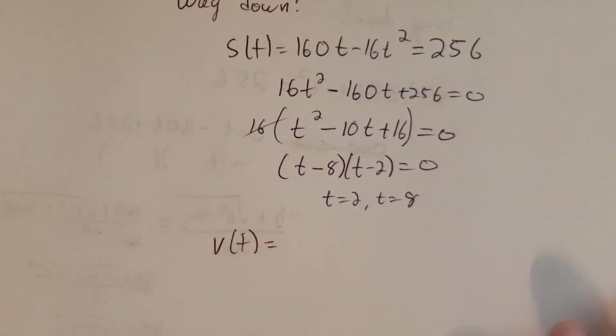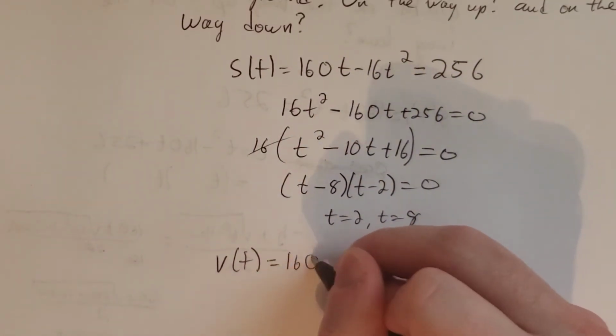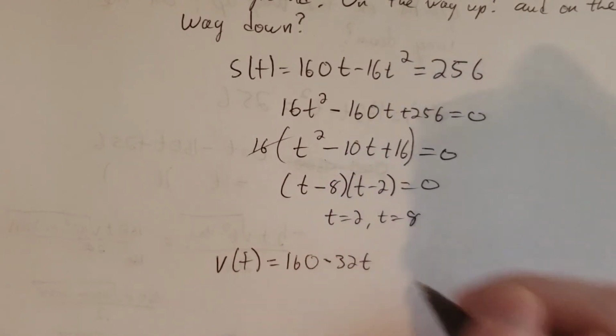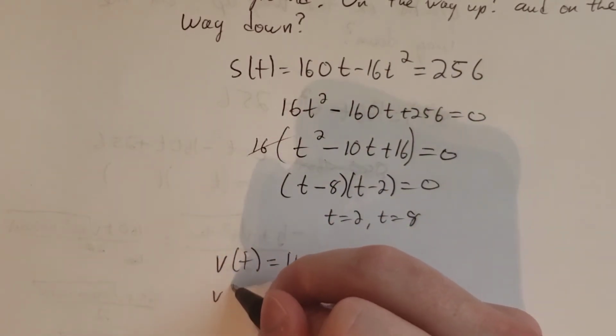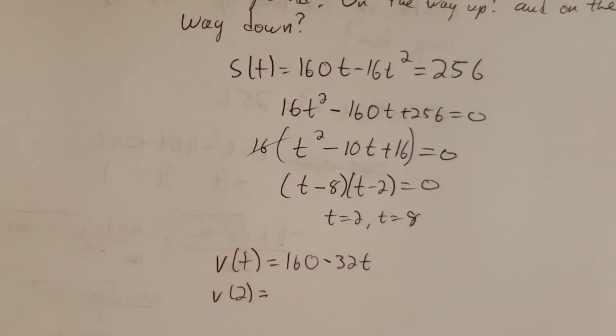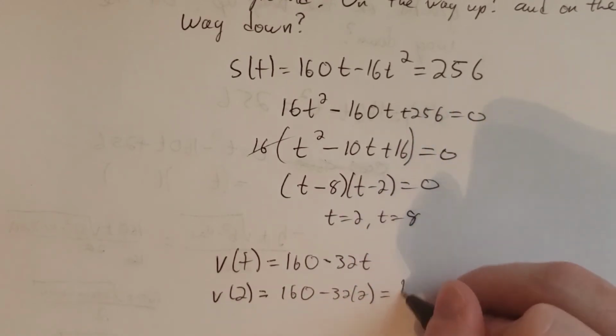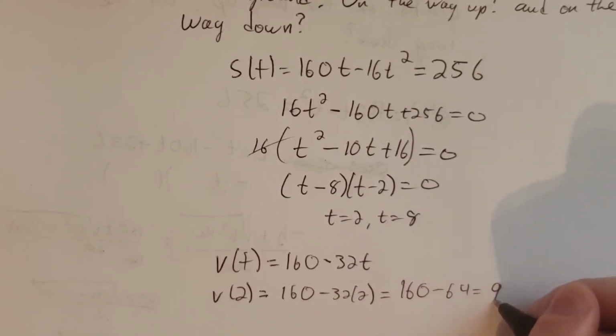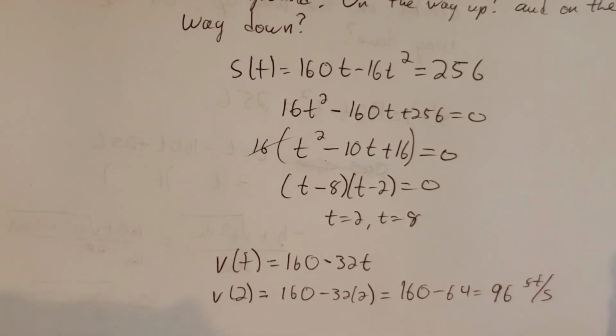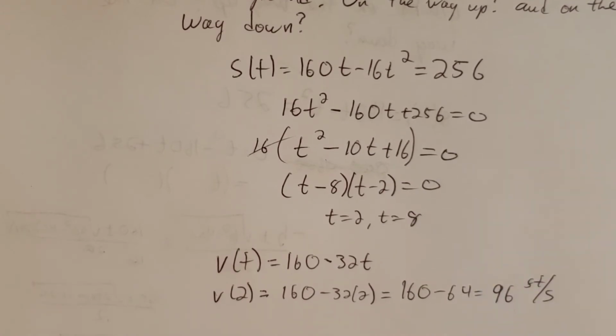V of t was 160 minus 32t, and we want to find v of 2 for on the way up. So this is 160 minus 32 times 2. That is 160 minus 64, or in other words, 96 feet per second. And that is the velocity and the speed, because the speed is just the absolute value of that. So that is both the velocity and the speed.